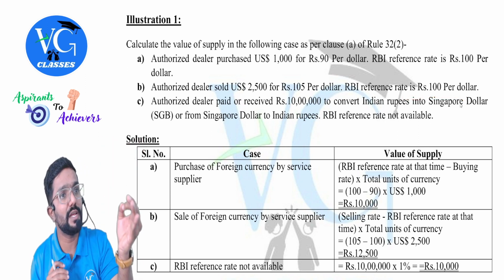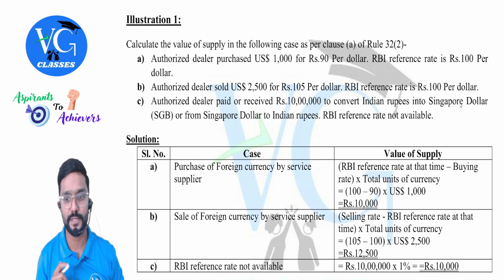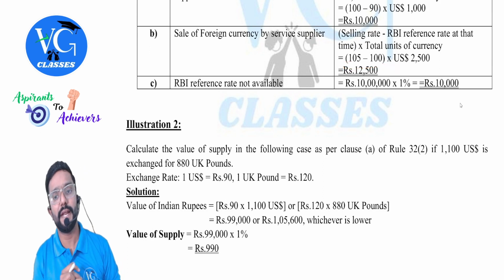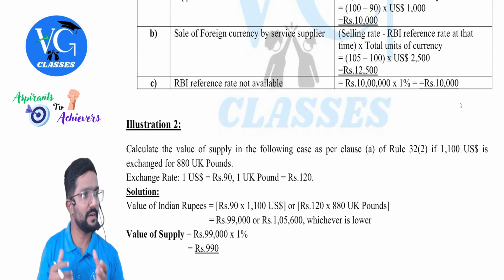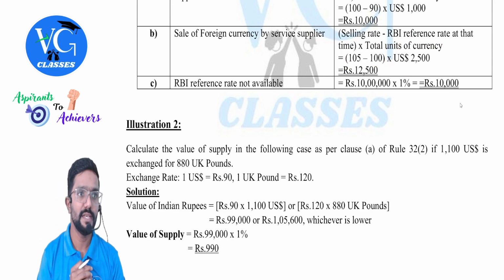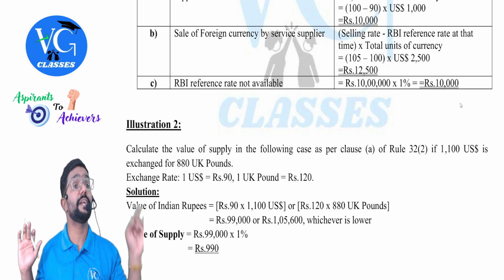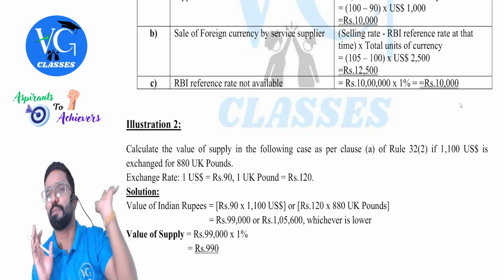So you purchased the dollar at 100 and sold it for 105. What is your profit margin? 5 rupees. So what is your value of supply? 105 minus 100 into US dollar 2,500, because the units of currency exchange is 2,500, guys. Is that clear? Simple. The difference between buying and selling rate for whom? Authorized dealer. Clear? And obviously they will be making profit, guys.